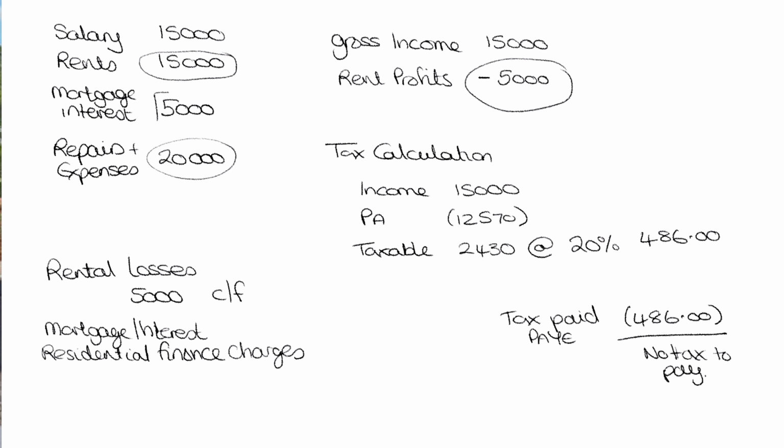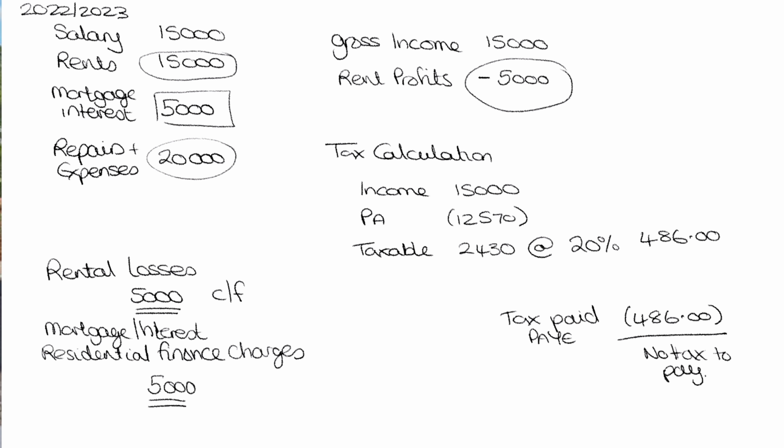And these come to the total, as we can see up here, of again $5,000 to keep us in nice round numbers. So in our first year, if we treat this as say 2022, 2023, we have some information that we're going to carry forward to our next year's tax calculation, and there's no additional tax to pay.